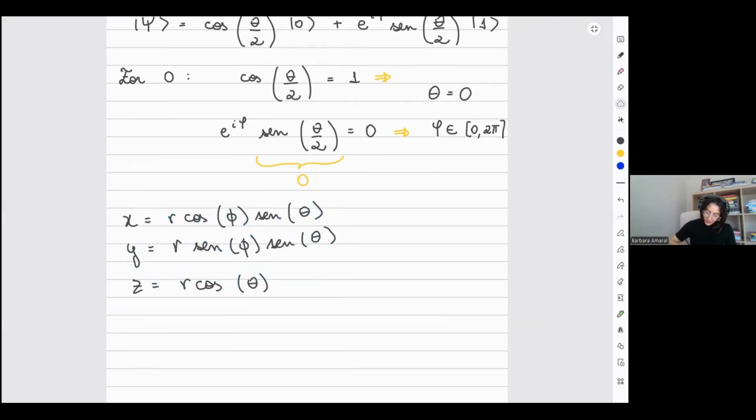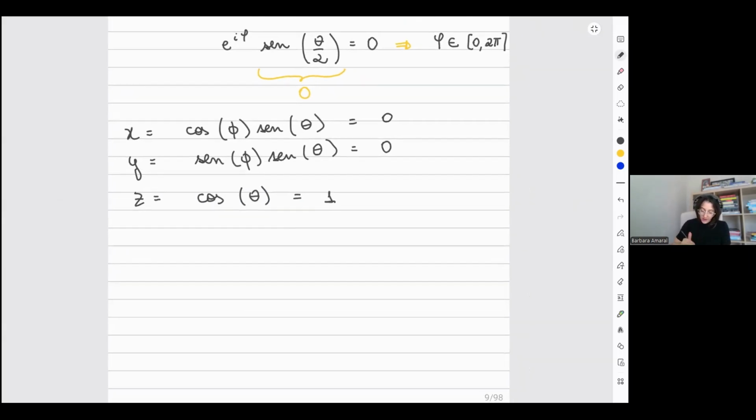So R is equal to 1, so I can eliminate this already. If theta is equal to 0, this is equal to 1, and both of these are equal to 0.